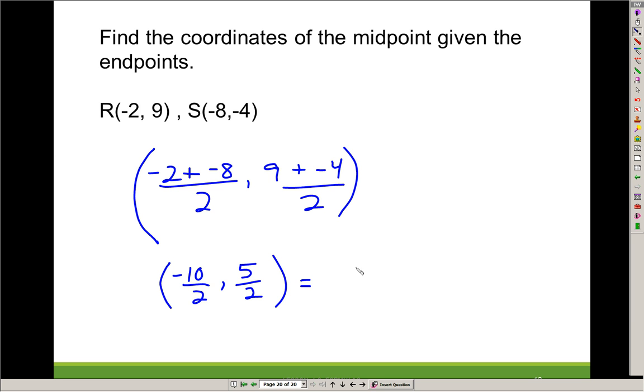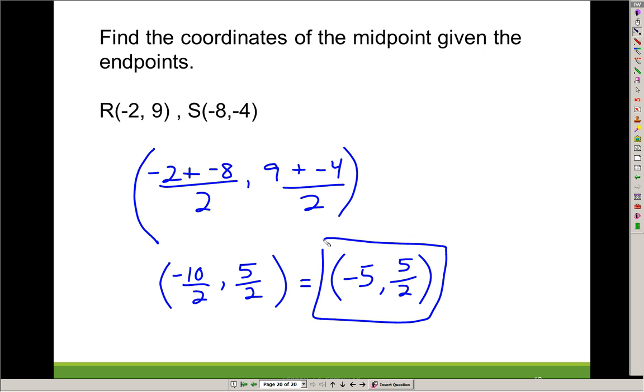Negative 10 divided by 2 is negative 5. Make sure you simplify that. 5 halves is just 5 halves, or you could call it a 2.5. Either is fine. Remember, with midpoint, you add the numbers and divide by 2. Put it in parentheses with a comma.